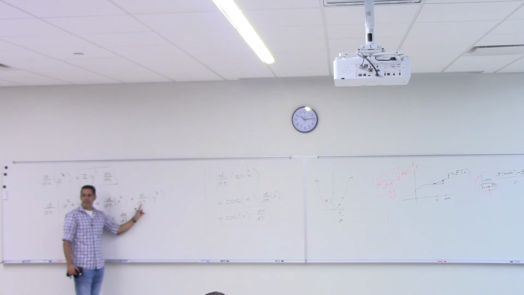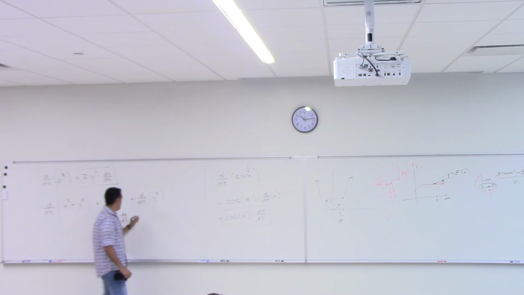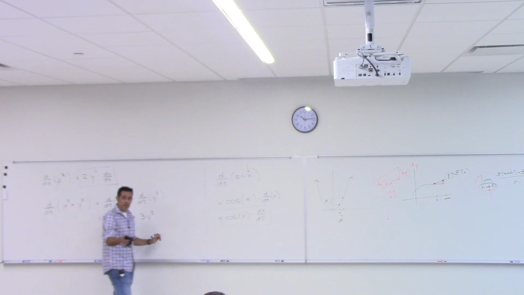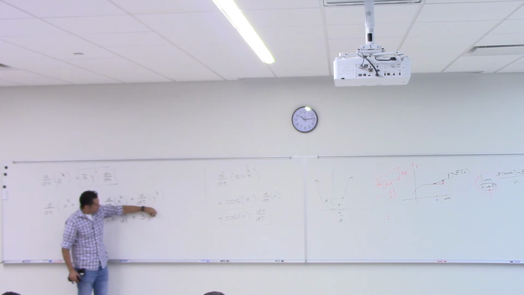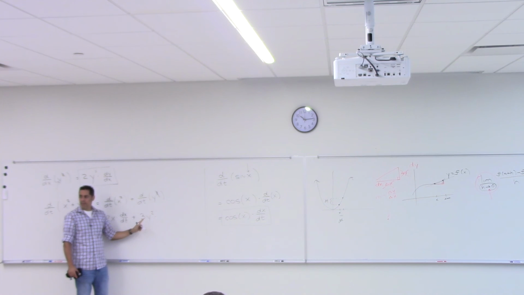Plus, all right, now this one. What's the derivative of y cubed with respect to t? 3y squared, so you're just using the power rule on that first. 3y squared, but because of chain rule, times dy over dt. We already took care of the cubed, you don't need to worry about the cube. Now you're taking the derivative of the inner, which is just y.